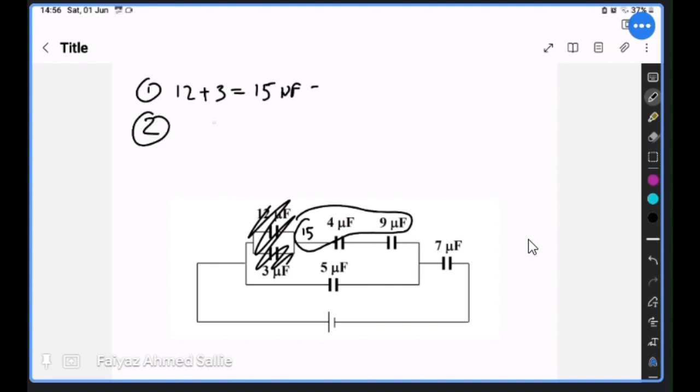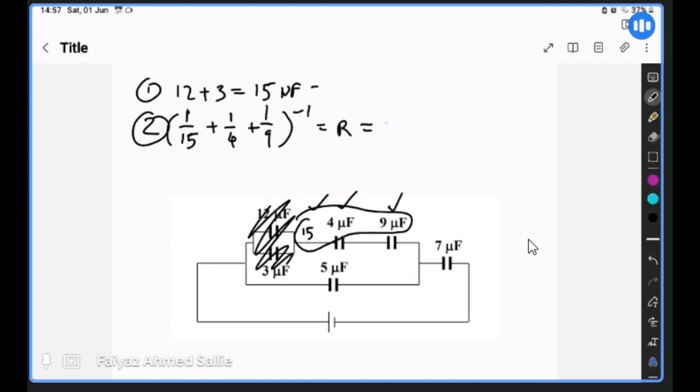Second one, it's 1 over 15 plus 1 over 4 plus 1 over 9 to the power of minus 1.